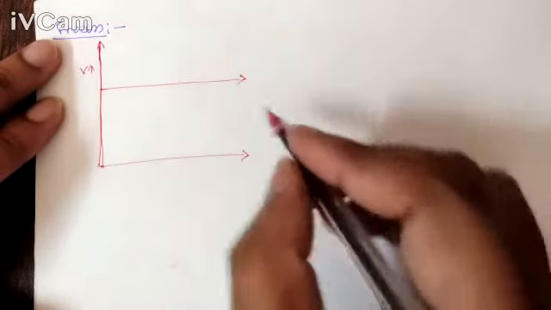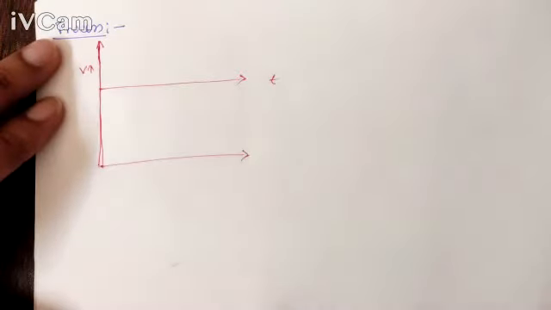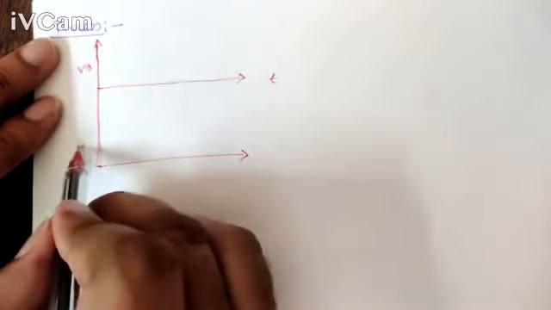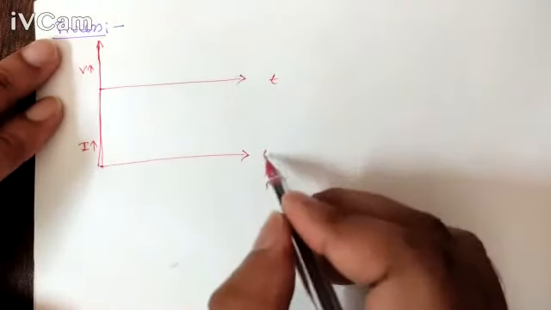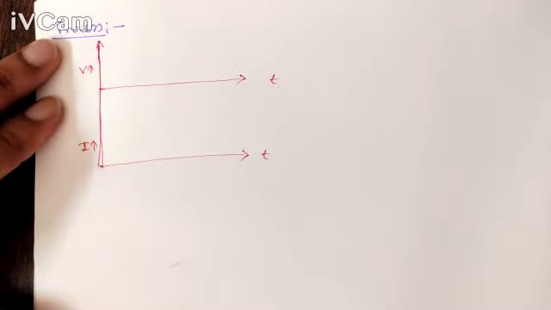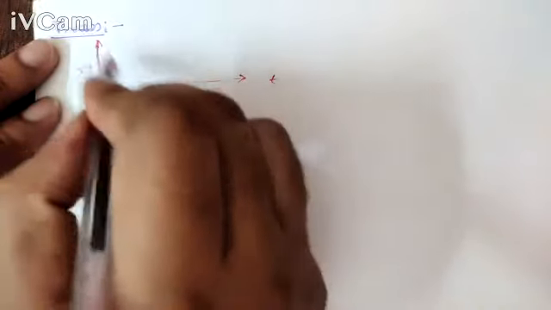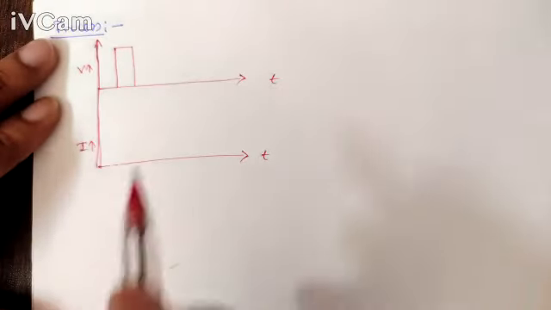With this graph, we will be representing voltage on the y-axis and time on the x-axis. Similarly, in this graph also, we will keep current along the y-axis and time along the x-axis. In the last class, I discussed that we will be supplying voltage for a certain time and then we will give a gap.